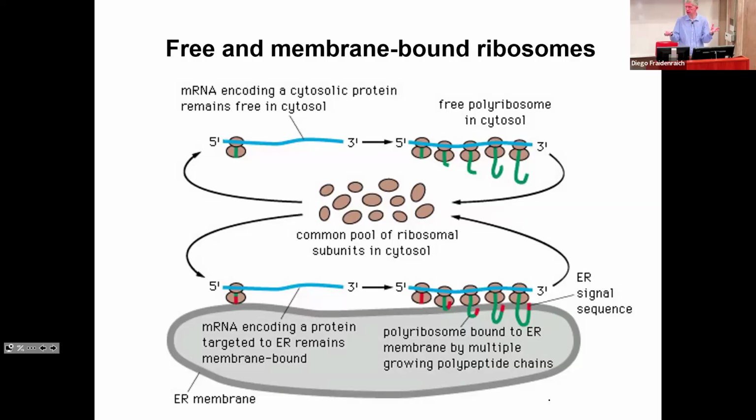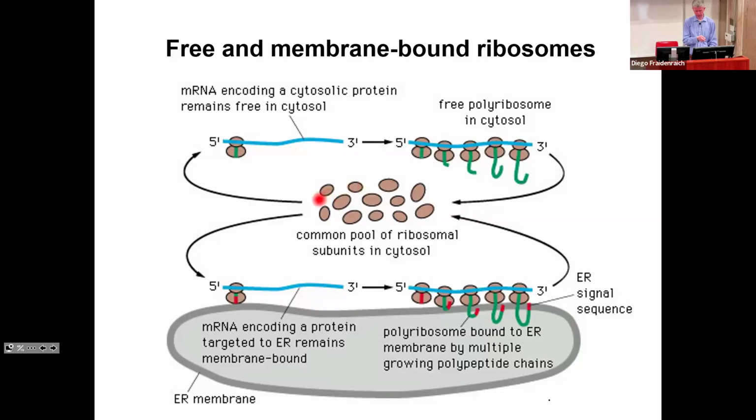They would be synthesized, fold up, but then get unfolded. But there would also be membrane-bound ribosomes. And that's the case for the endoplasmic reticulum import. It's the same pool, what you see here. So you would start here with the synthesis of the protein.